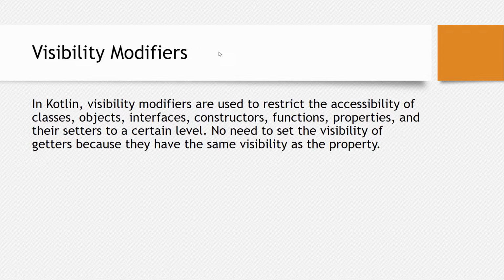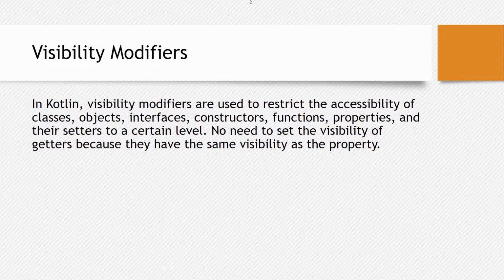As the name suggests, a visibility modifier or access modifier specifies the access or the visibility of the property, whatever it may be: a variable, object, interface. They set up the visibility of the objects or properties.